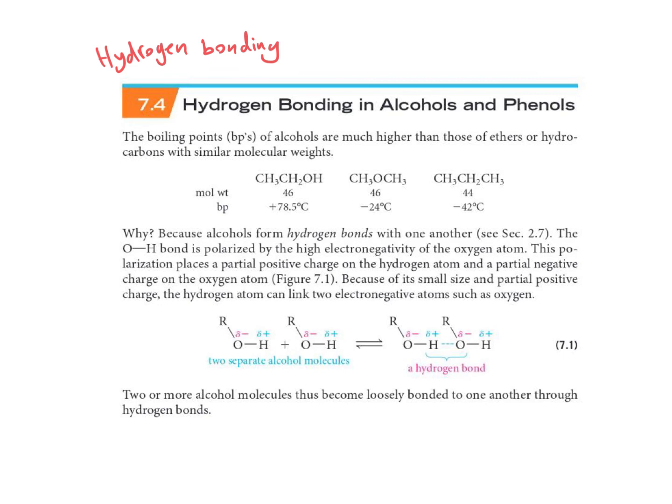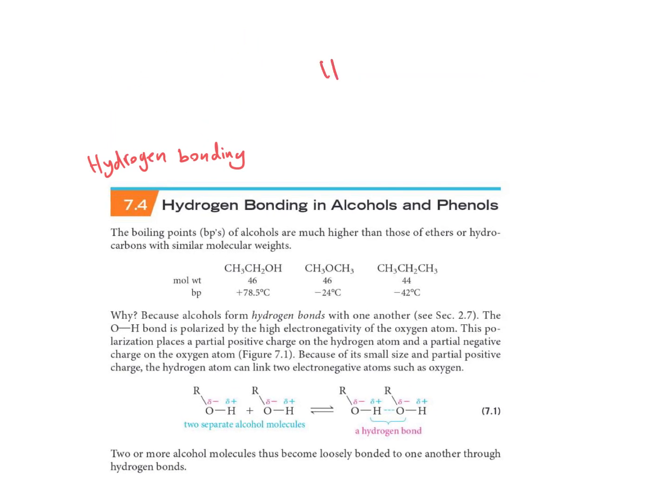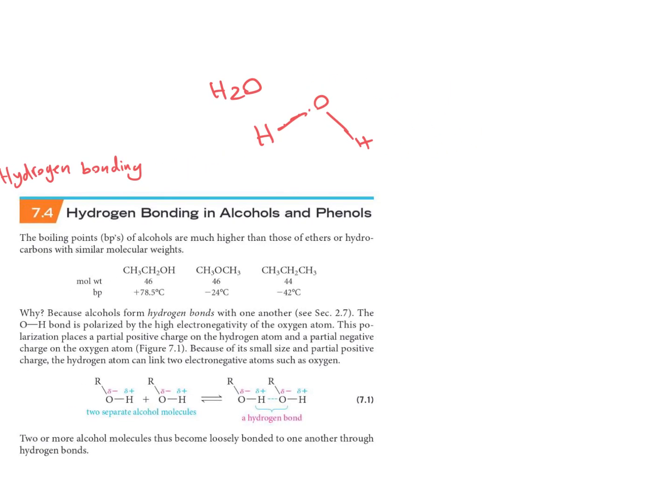So, can anyone tell me what hydrogen bonding was? It's the strongest form of bond. Exactly. But was it between two molecules or within a molecule? For instance, if I have H2O, is it this bond here, or is it between hydrogen and oxygen in each molecule?